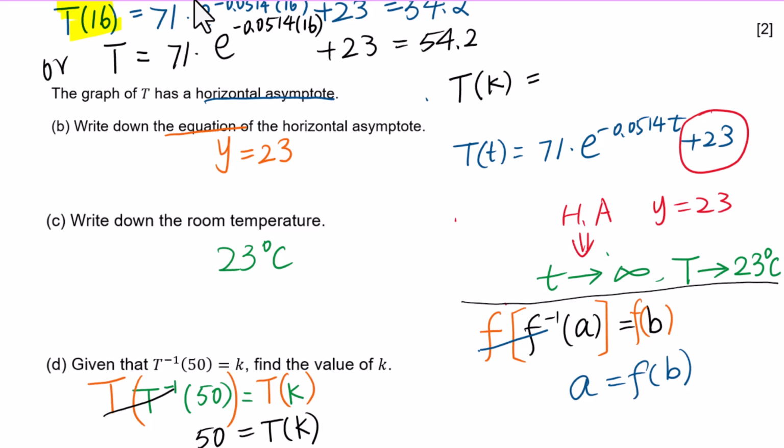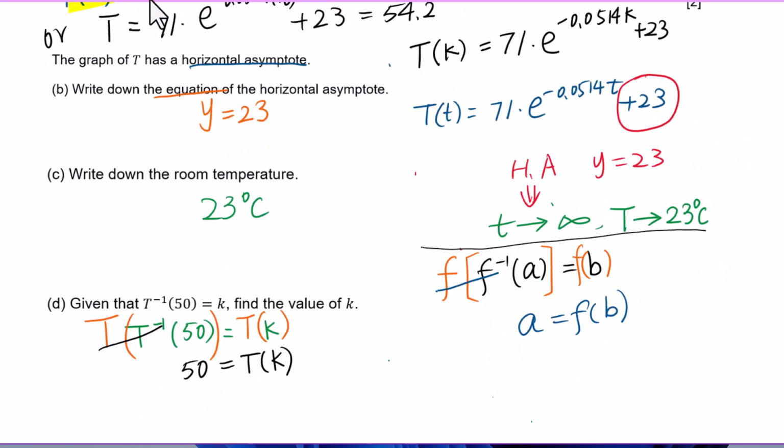We will change this t into k: 71 times e to the negative 0.0514 k plus 23. So we got this equation: 50 equals 71 times e to the power of negative 0.0514 k plus 23.